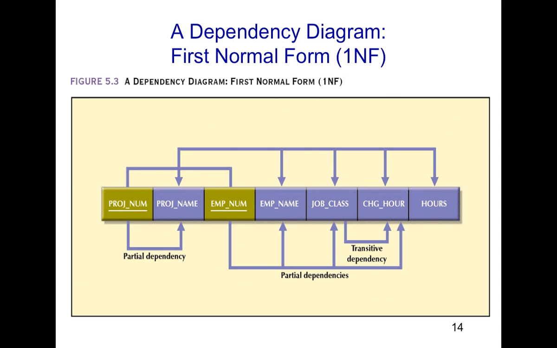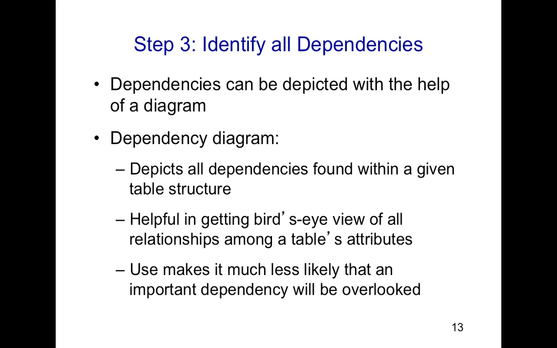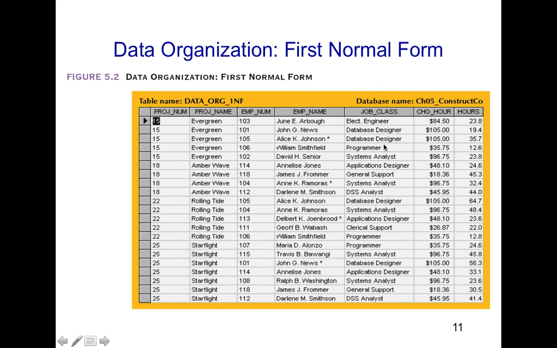As an example, the job class. Let's look at the job class here: an electrical engineer, a database designer, but the charge per hour could be different. So if I said, how much does a database designer make? And here it looks like 105. Let's see if we've got a systems database designer.